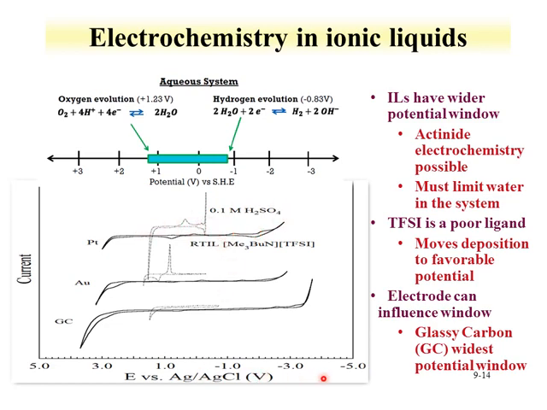The large negative regime, as shown here, that's accessible allows reduction of the metal ions, and as we see here, the glassy carbon electrode is the best system. Again, we also note that the TFSI is a poor ligand, so it's going to be removed and allow the deposition of the metal on the electrode surface.